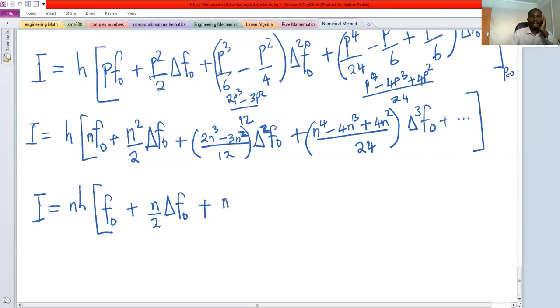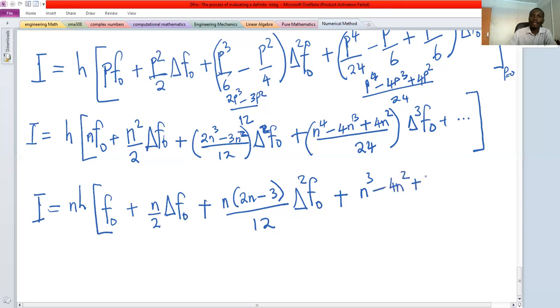So I can write this one as n into 2n minus 3 divided by 12, second forward of f naught, plus, now this one, when I factor out n, the first one remains n power 3, and then minus 4n power 2 plus 4n, plus other terms.